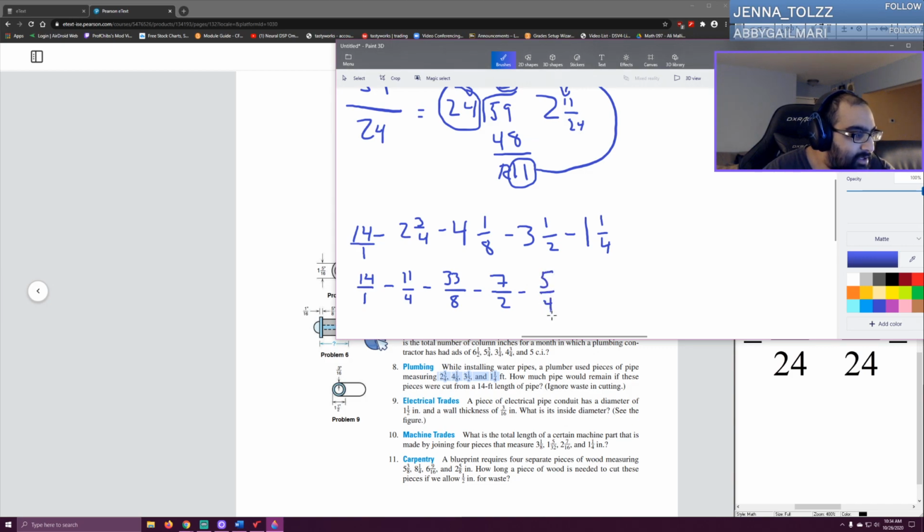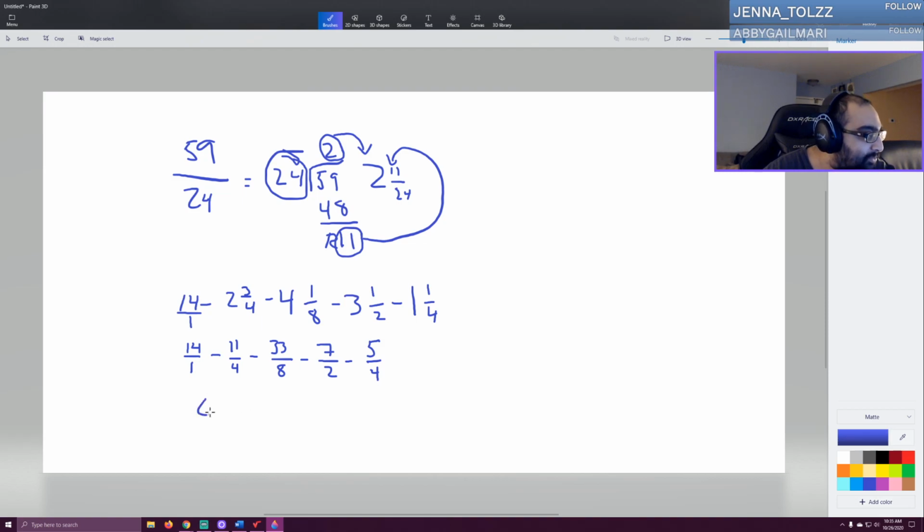There we go. So we got 14 over 1, 11 over 4, 33 over 8, 7 halves, and 5 fourths. The common denominator for this problem is going to be 8. Okay, so 8 is the common denominator here.